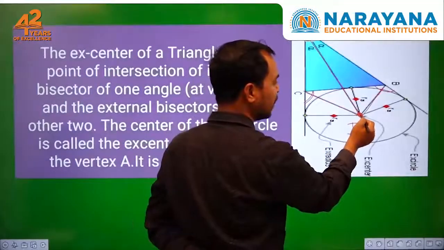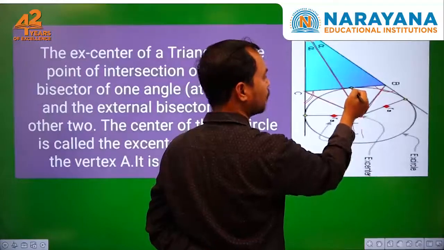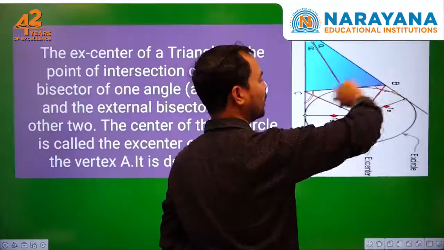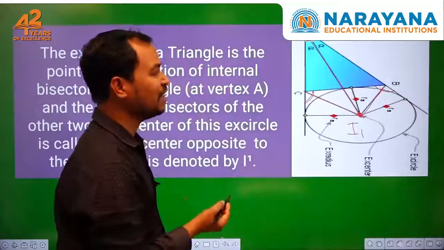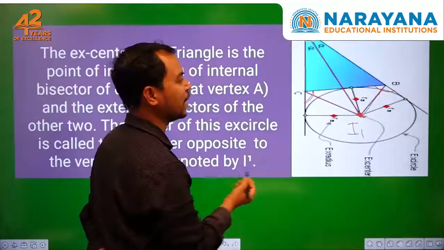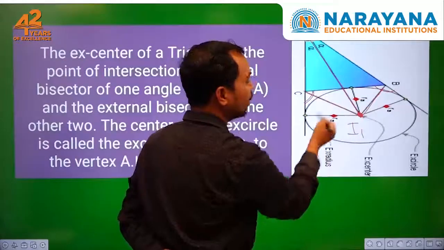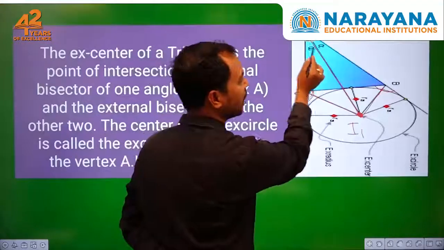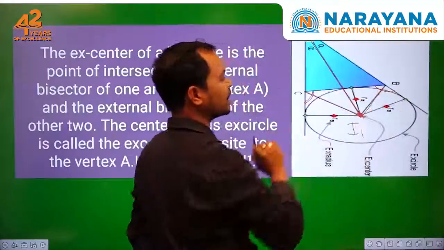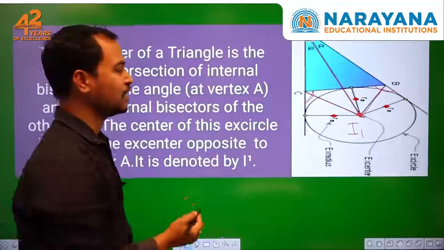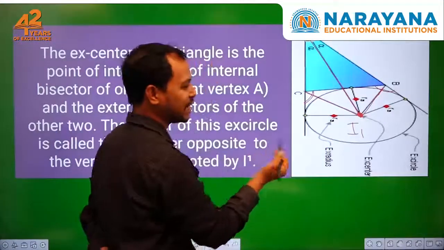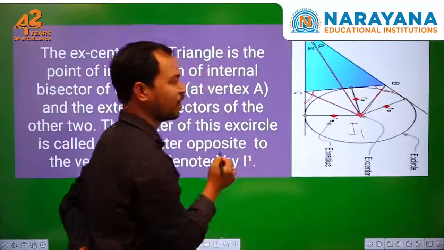From this center, taking the distance to side BC as radius, if I draw one circle, the circle will touch all three sides of the triangle. So one side BC and two extended sides, the extension of AC and the extension of AB, such a circle is called the excircle, and its center is called the excenter. It is denoted with I1.